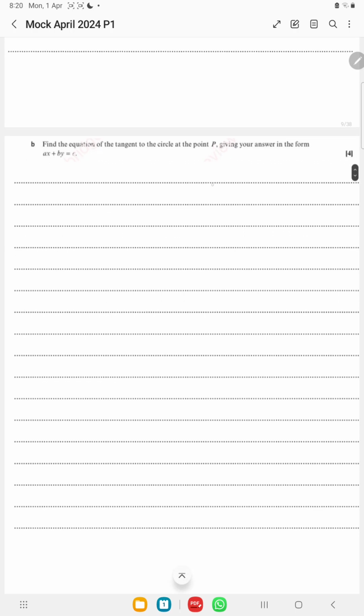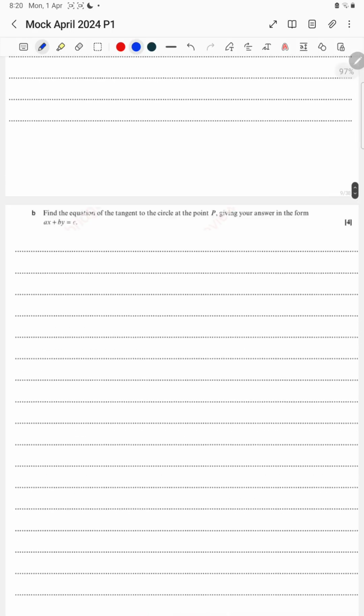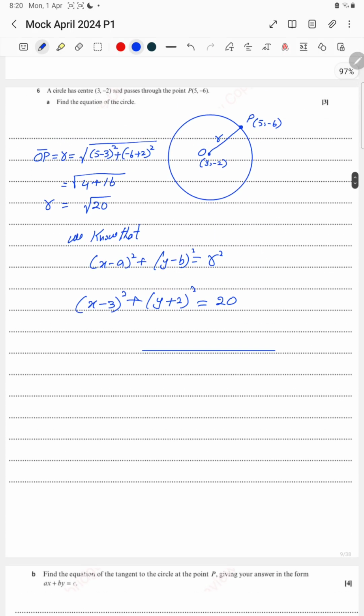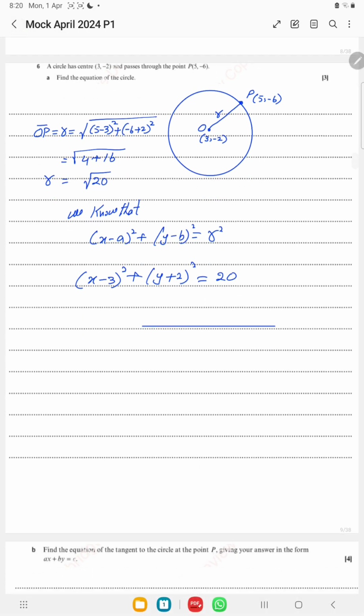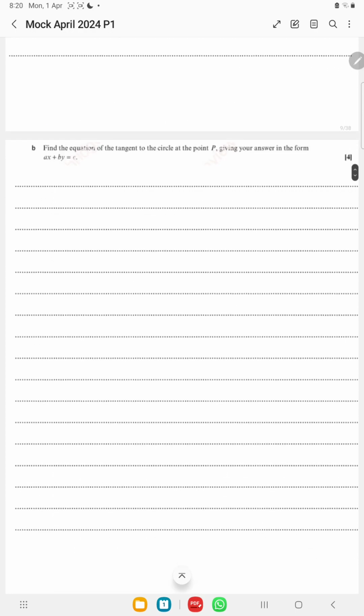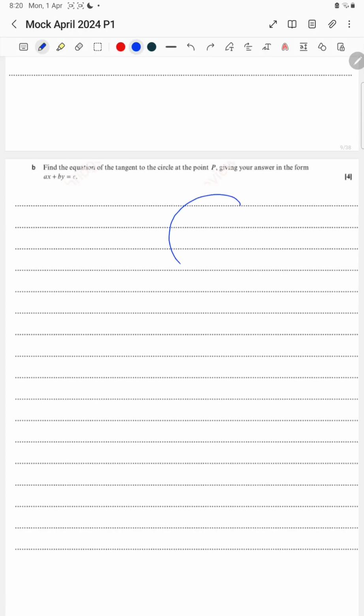Okay, B part of the same question. It is given that find the equation of the tangent to the circle at the point P. As in the first part, here we have center 3, minus 2 and P is 5, minus 6. So we will proceed here. This was the circle.